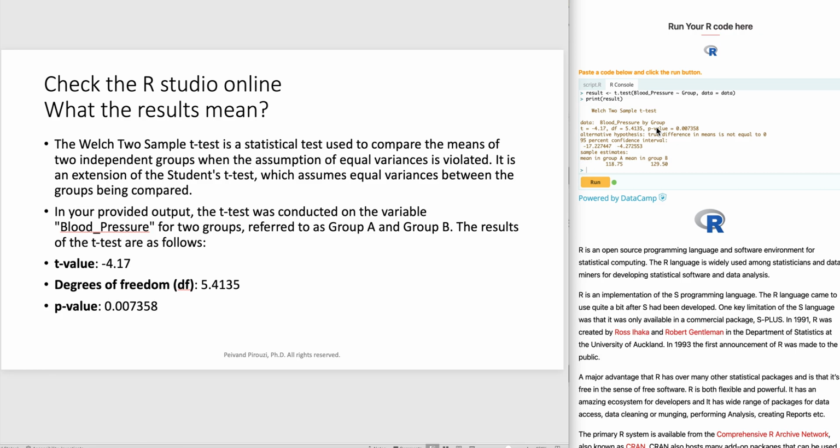And what we see from here is the chance of error, meaning that we have a p-value of 0.007358. This means that these 2 data sets are different.